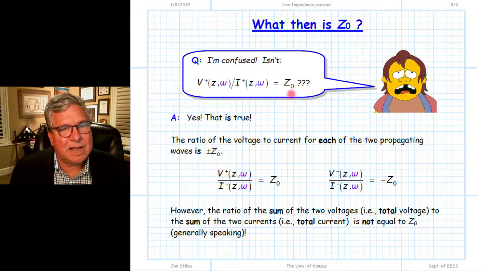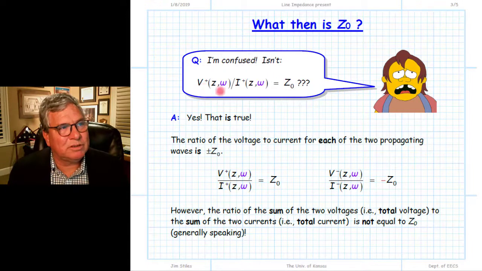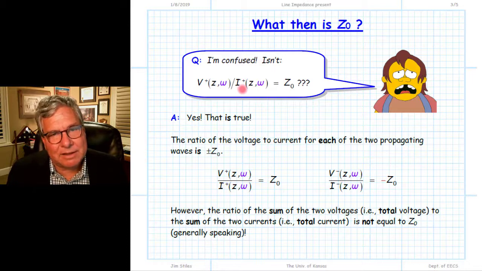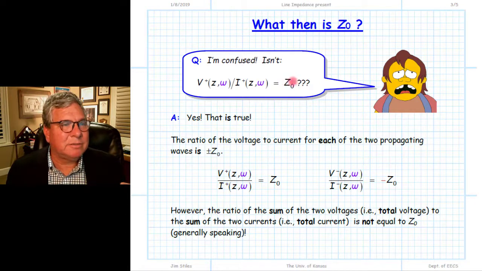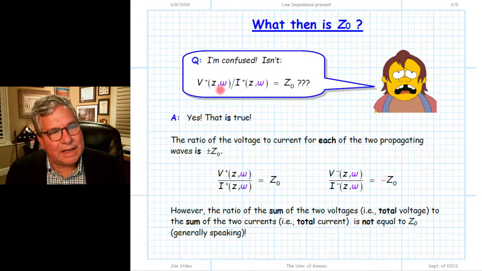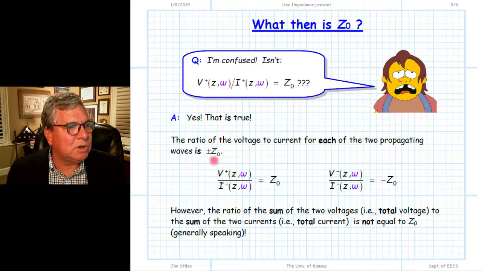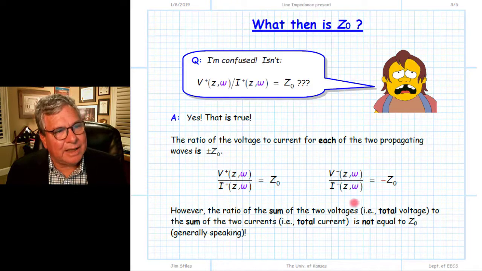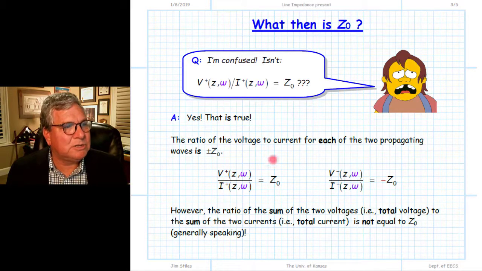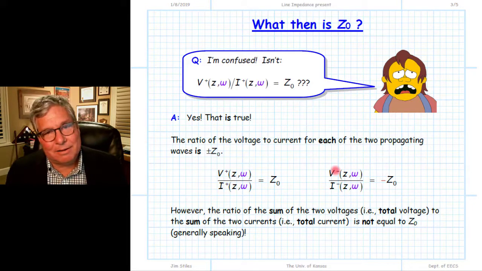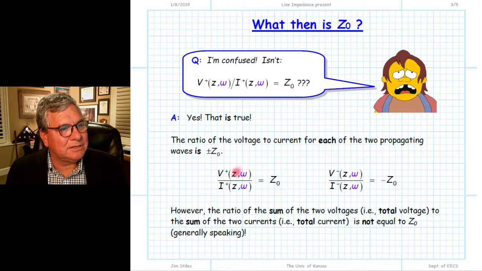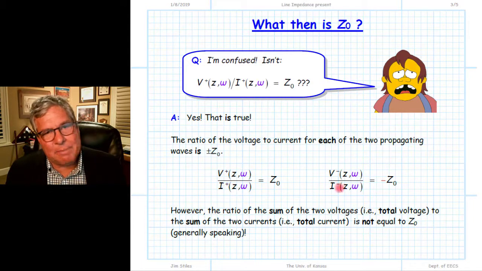Again, if Z0 is higher, it essentially creates more voltage and less current for the same amount of electromagnetic wave power. If characteristic impedance is smaller, then it essentially manifests itself with more current and less voltage. So this is true and this is true. But once we start adding things together, the numerator is the sum of total voltage, and the total current is the sum of the numerator of each divided by the sum of the denominator of each.